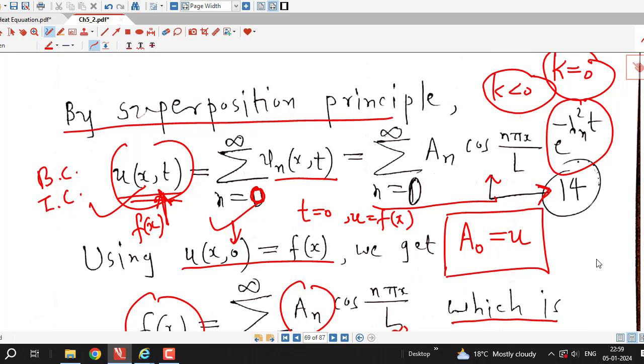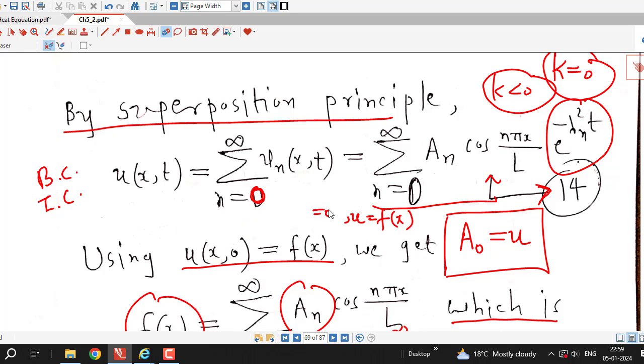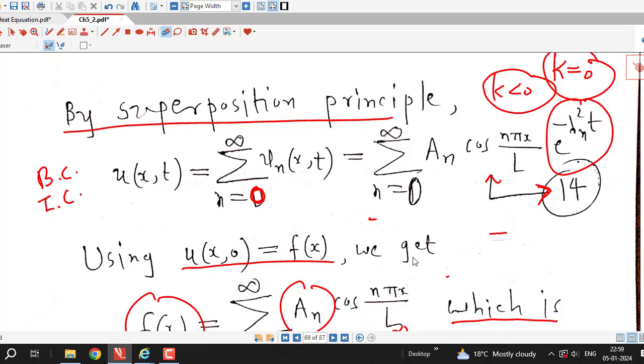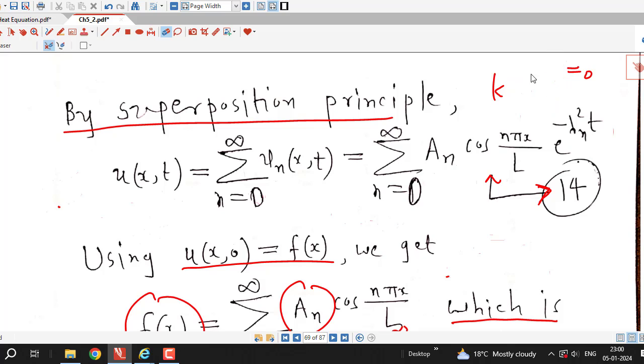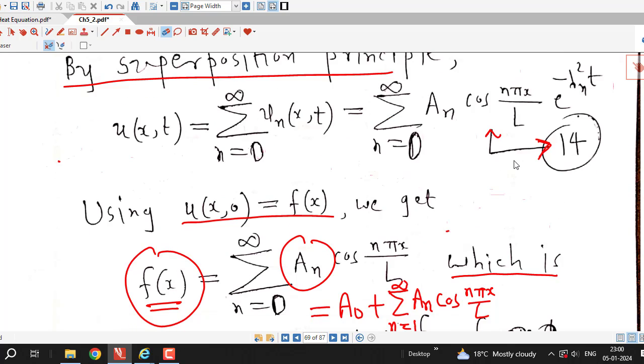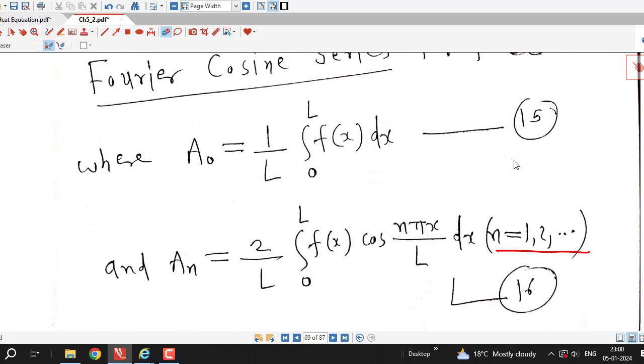So this we have to remember, that the solution of the heat equation for the problem where both the ends of the bar are insulated is given by this equation number 14, that is u equal to sigma a_n cos(n pi x over L) e raised to minus lambda_n square t, where this a0 and a_n are given by this formula. So you can understand the difference.